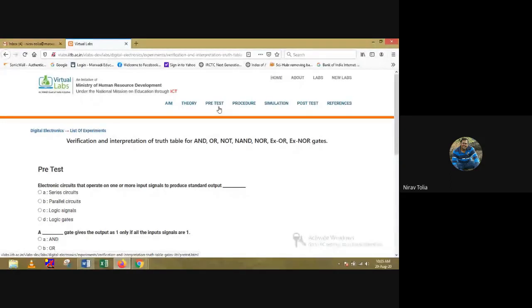Now the first question is: an electronic circuit that operates on one or more input signals to produce a standard output. Then what is the answer? Either it is a series circuit, or a parallel circuit, or logic signals, or logic gates.